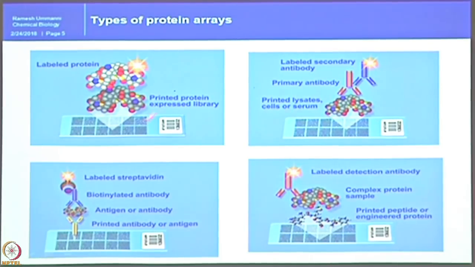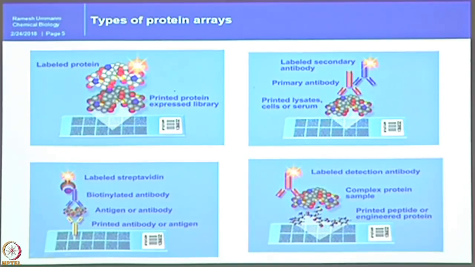If the proteins printed on the glass slide have interacting partners in the lysate, they will attract and immobilize them. When you wash, the other proteins get washed away and those bound remain on the glass slide, and you can visualize them. Then you can see that a labeled protein X is bound to protein Y on the glass slide, which means they are interacting with each other. Then you can proceed to see whether this interaction has any physiological relevance in a disease or non-disease state.